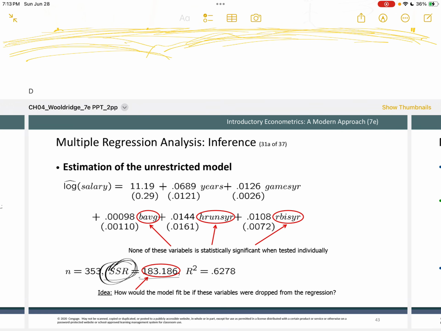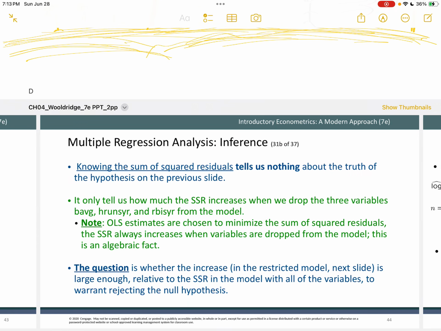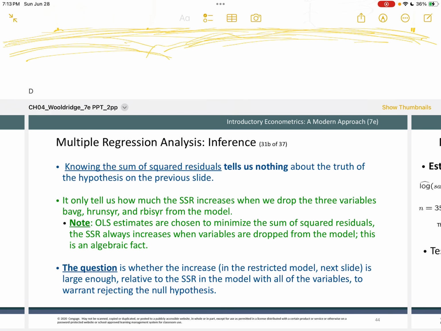Good. SSR, sum of squared residual. That was fine. Now, the sum of squared residual, when you drop variables, will go up. So in the restricted model where we drop variables, the sum of squared residual will go up.